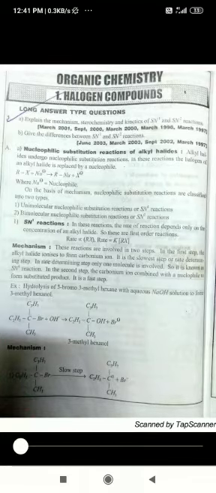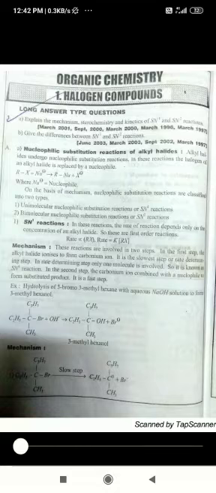On the basis of mechanism, nucleophilic substitution reactions are classified into two types. First one is unimolecular nucleophilic substitution reactions or SN1 reactions. Second one, bimolecular nucleophilic substitution reactions or SN2 reactions.